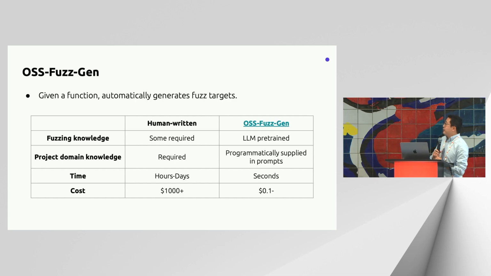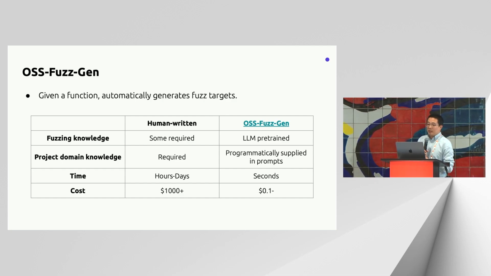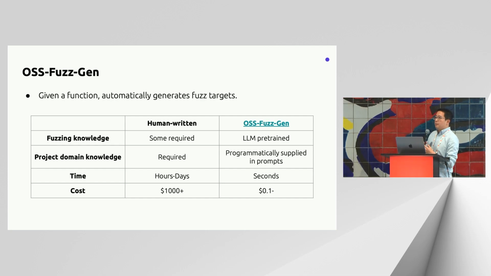It has a pre-trained LLM with fuzzing knowledge, so that we don't have to learn everything about fuzzing. It programmatically supplies project source code context in prompts to the LLM, so that we don't have to read every line inside the project source code. It will generate a fuzz target in seconds, and the cost of it is just the same as a normal LLM query, right?